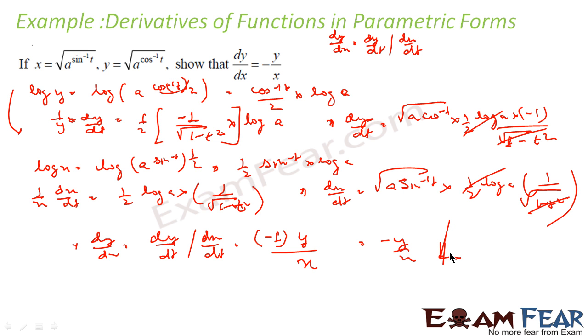So very simple, we just use the concepts which we have learned. We know it is a derivative of a function in parametric form, so I found dy by dt and dx by dt. Finding dy by dt and dx by dt was a little difficult, so I used the logarithmic method to differentiate this. I used log on both sides in both these cases, solved it, and I got the answer.